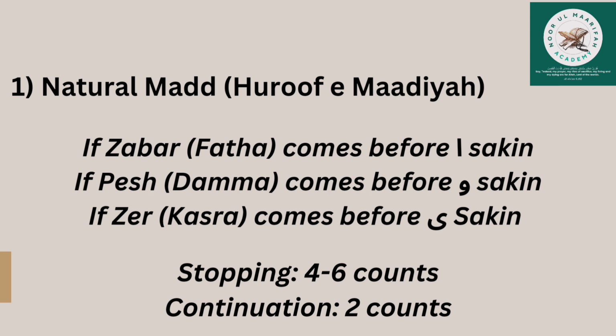For Ya sakin, whatever letter is coming before it should come with zair, that is kasra, no other harkat, only and only zair. For Waw sakin, whichever letter is coming before it should have pesh, only pesh, no other harkat. If these 2 conditions are satisfied, it is huruf-e-madiya.